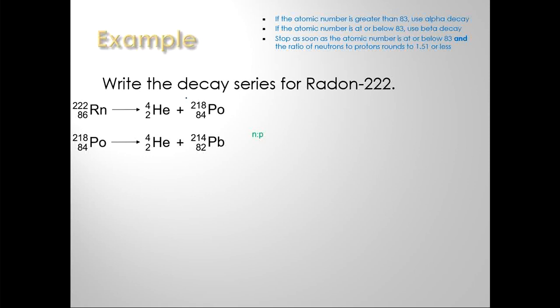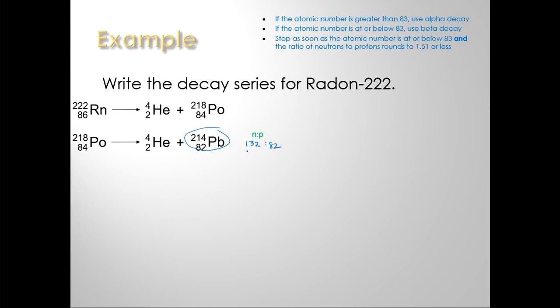So remember how we determined the number of neutrons for this isotope here? We take the mass number minus the atomic number because the atomic number tells us protons. So we have 132 neutrons, and that's to 82 protons. So you do want to simplify this ratio because, again, we're more interested in the ratio of 1.51 to 1.